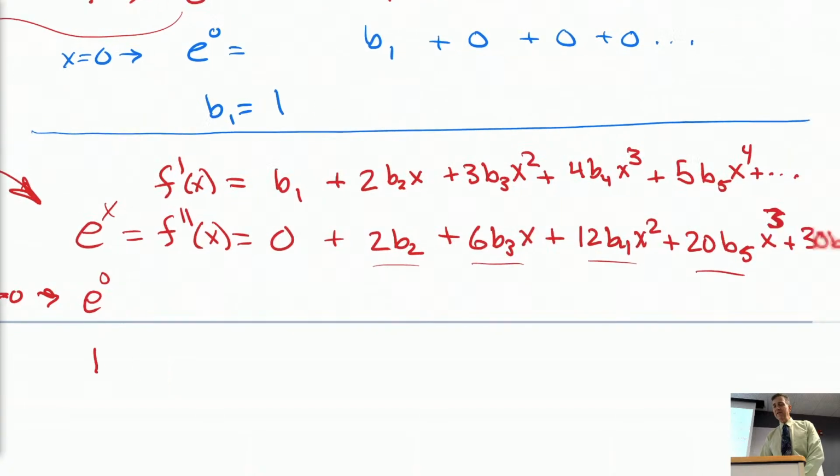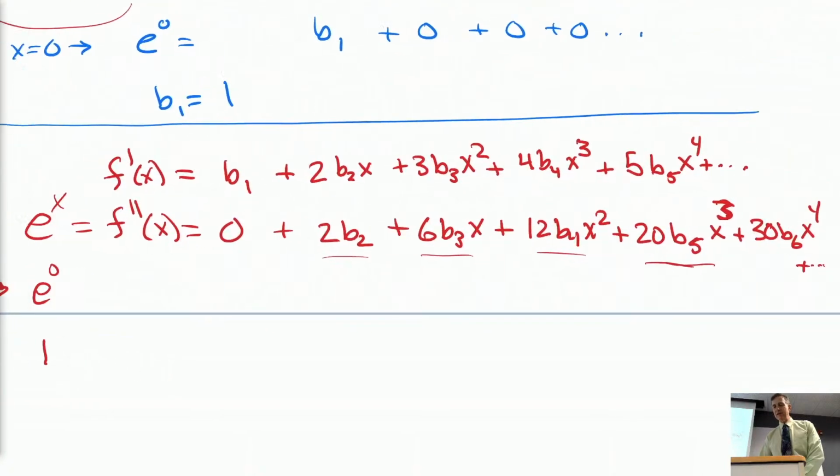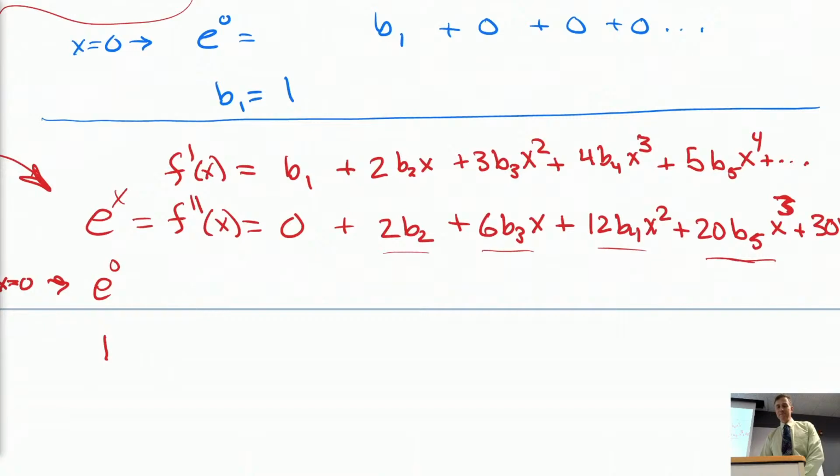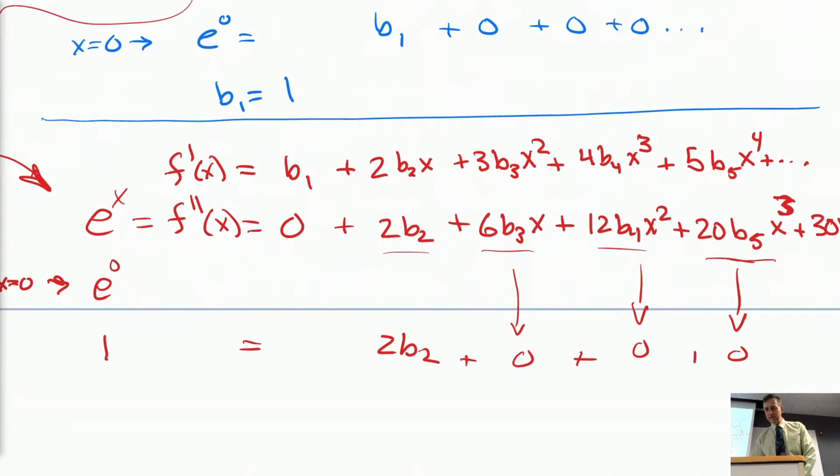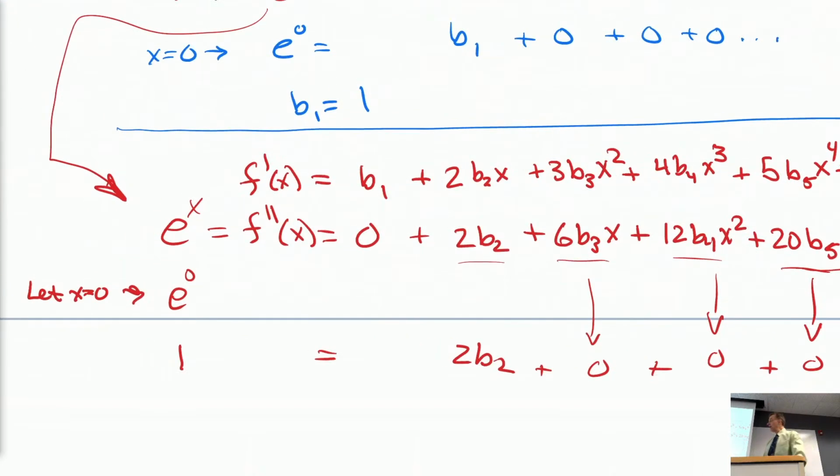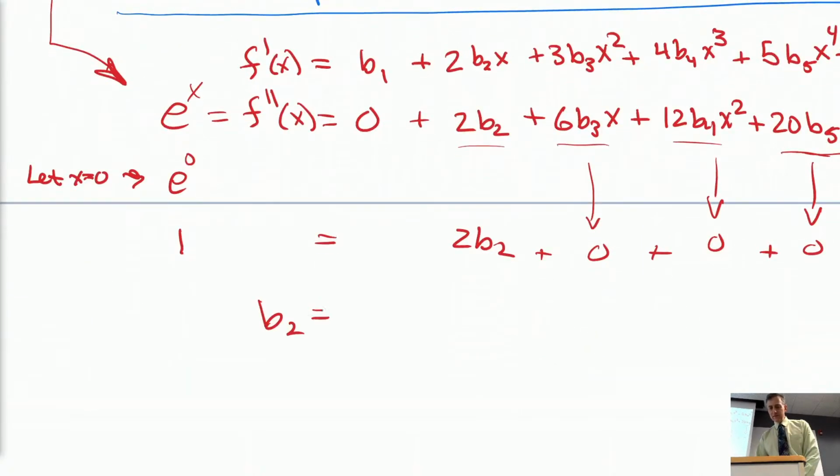And so what's left over when you get rid of all the stuff that has x in it? Yeah, 2b2, right? So that equals 2b2. Everything else becomes 0 when you plug 0 into this. But I'm left with 2b2. All right, so what's b2? Well, b2 is 1/2.